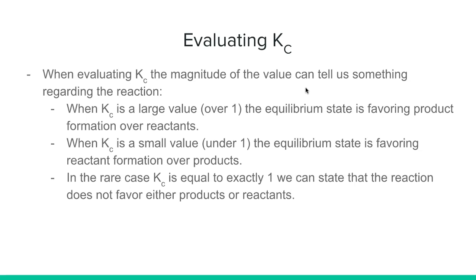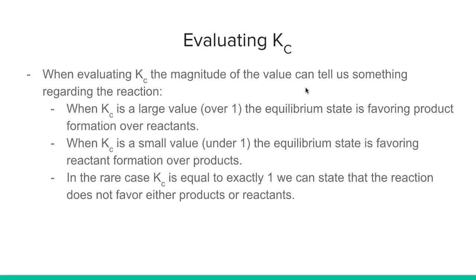Well, the numerator is the products, the denominator is the reactants. So if Kc is over 1, then the equilibrium state is favoring products over reactants. Okay, that doesn't mean that it favors the rate of products more. The rates are equal. It is simply favoring more product over reactants once those rates are established.